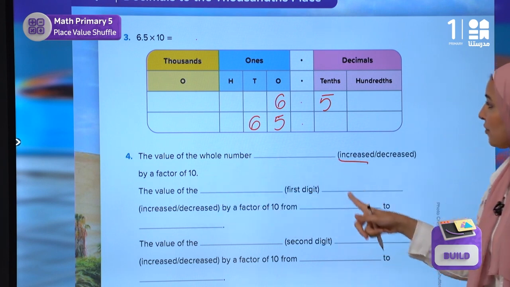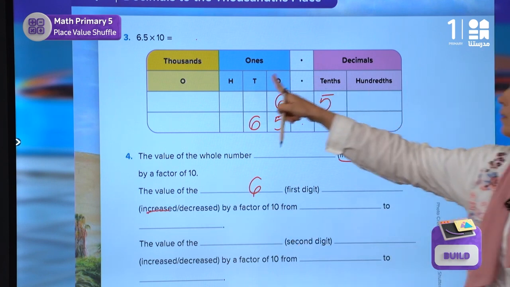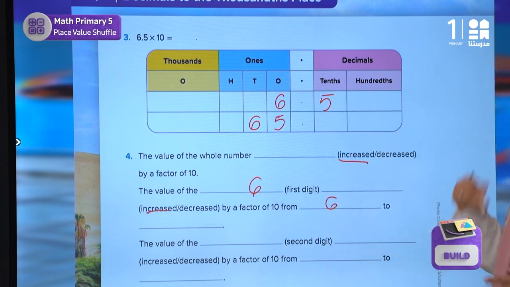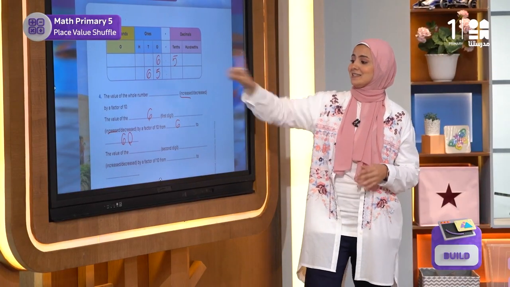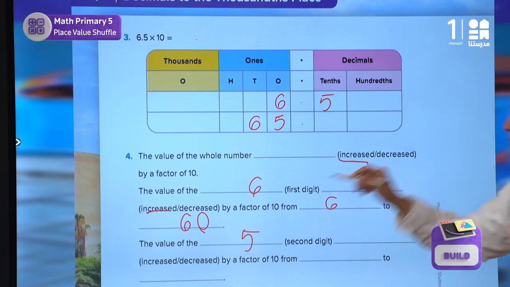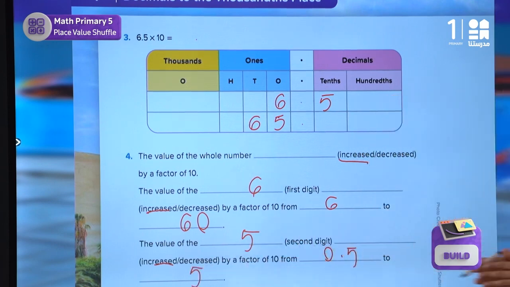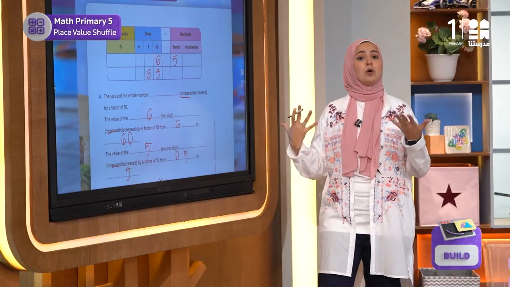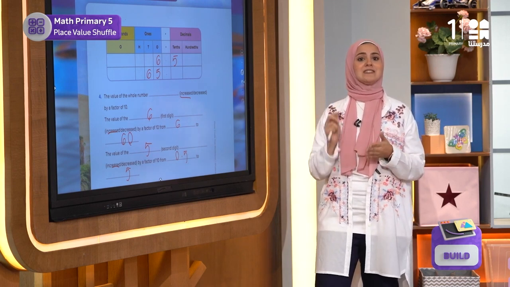The value of the first digit 6 increased by a factor of 10. From what? From 6 to 60. Now the value of the second digit. So what is the second digit? 5. It also increased by a factor of 10 from 0.5 to 5. In the same way, answer questions 5 and fill in the blanks in question 6.